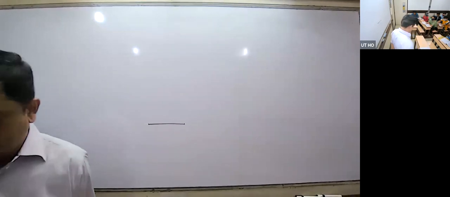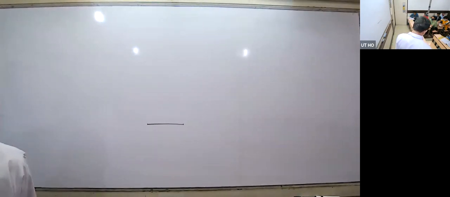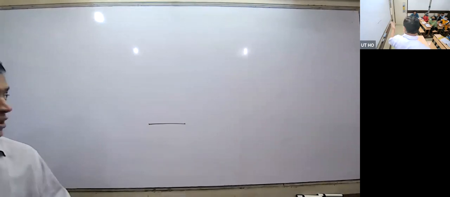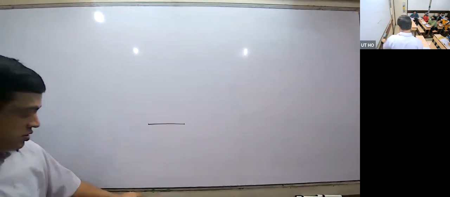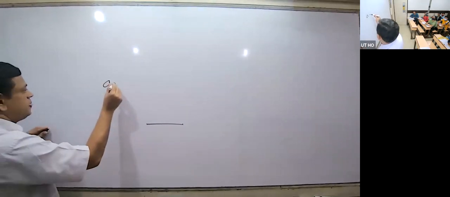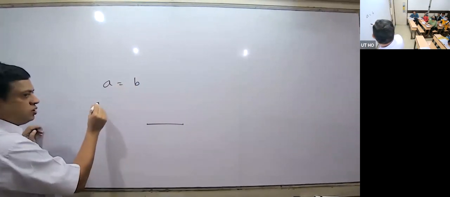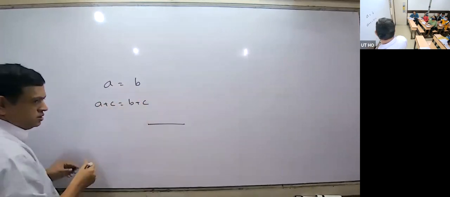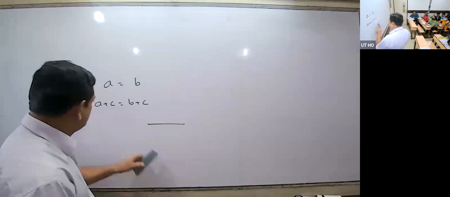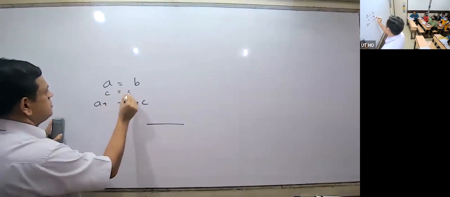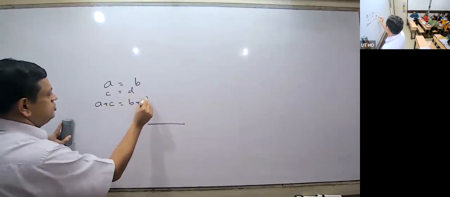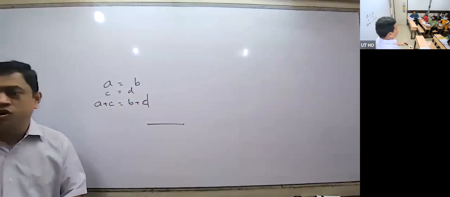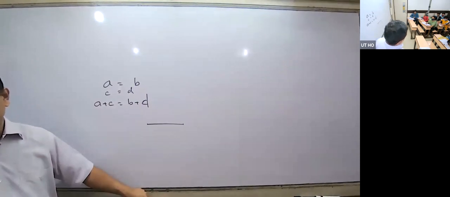Second one, Rahi. If equals are added to equals, the wholes are equal. If A is equal to B, then A plus C will be equal to B plus C. Or, if C is equal to D, then A plus C will be equal to B plus D. This is another axiom.